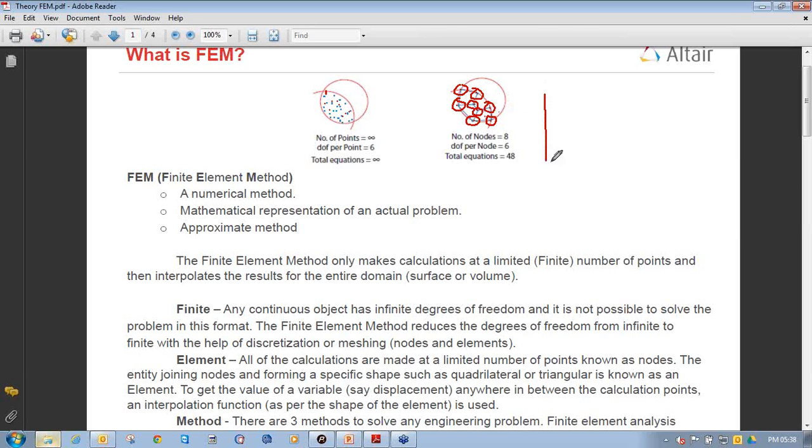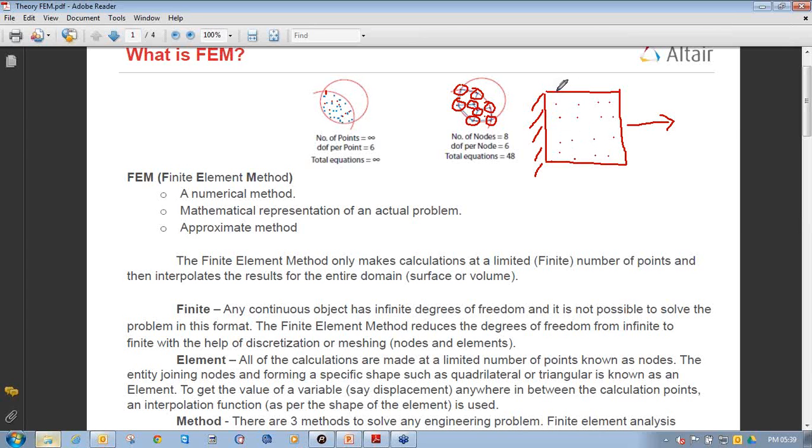So if I want to define what is meshing, I'll take one more example. If I apply force in this location and fix this side, to find the resultant displacement we would want to find the displacement for each and every point. That is very difficult, or next to impossible.